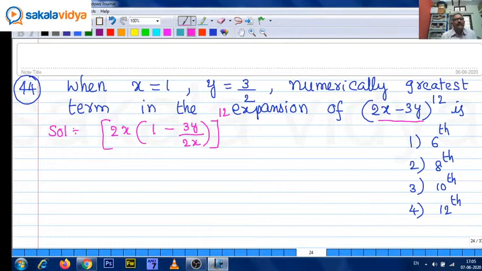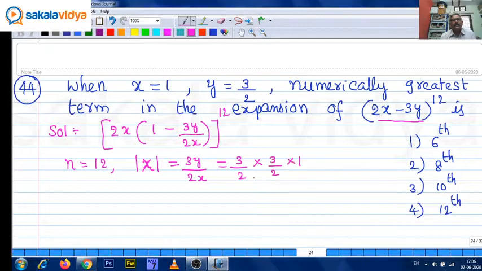This is not required for us, leave it, no problem. n equals 12, whereas mod x means you can take the positive value of 3y by 2x. Let us substitute the respective values: 3 by 2 multiplied by y is 3 by 2, into 1 by x is 1. That will be 9 by 4.